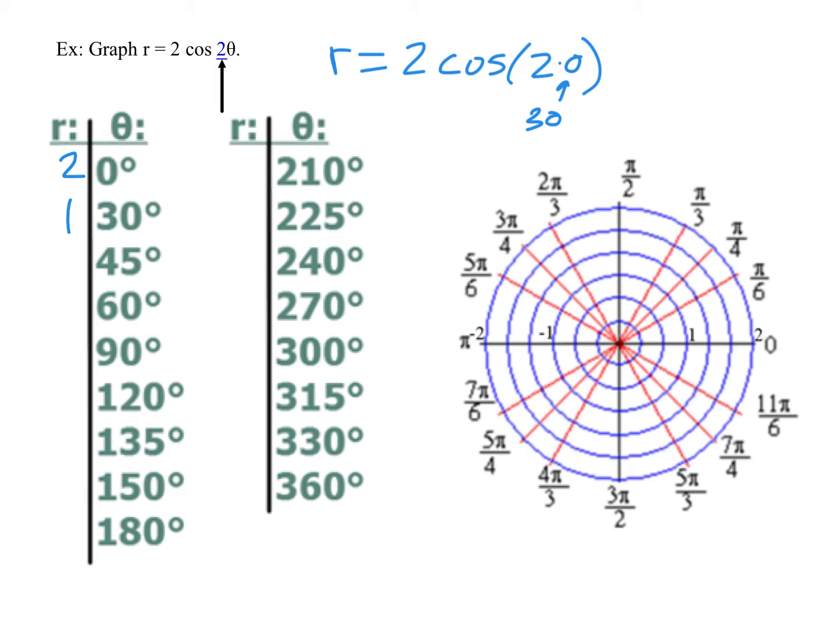If you want to give it a shot to fill in the rest of the table on your own, this would be a time to pause. Okay? Give yourself a couple minutes to do that. If not, I'm going to go full speed ahead, and I'm going to get the rest of my table filled in. Just know that what you're seeing there in blue, right? I've kind of talked about 0 and 30. 45, 60, 90, 120. I would just go full speed ahead and keep changing that angle to the new value.